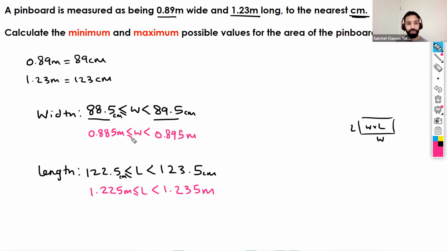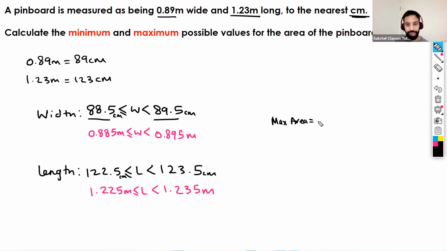But we want the maximum area then. So the maximum area, the largest possible area would be the largest length times the largest width. So we can say max area would be the upper bound of the width times the upper bound of the length.